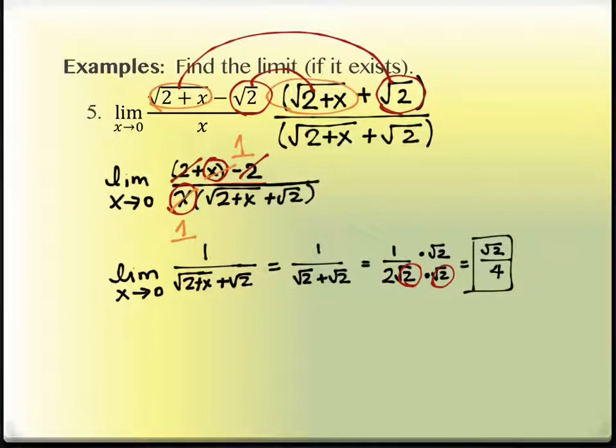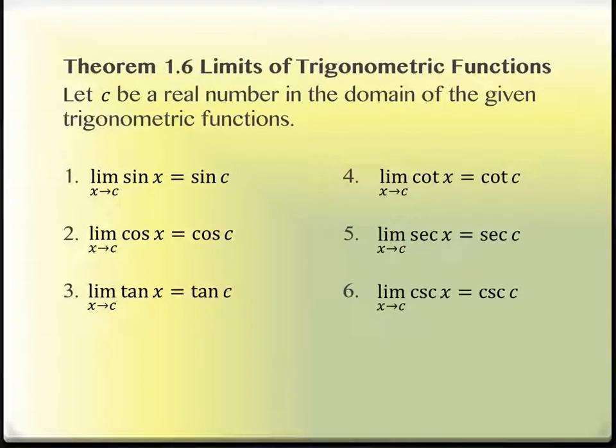All right, no discussion would be complete on limits without some trig stuff. So trig functions, where they have domain values, are also well behaved. So the limit for sine, as x approaches c, is sine of c. Cosine is cosine of c. Tangent, cotangent, secant, cosecant.